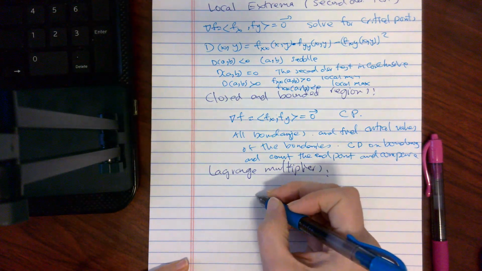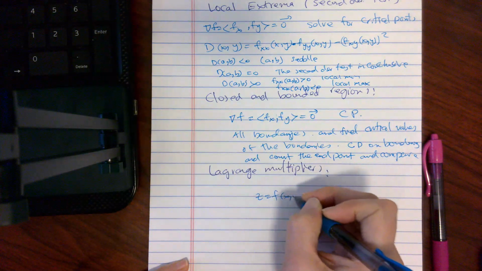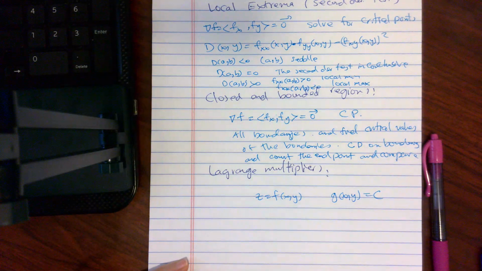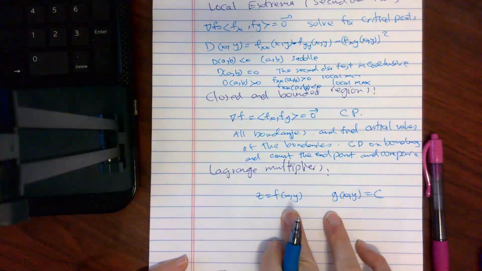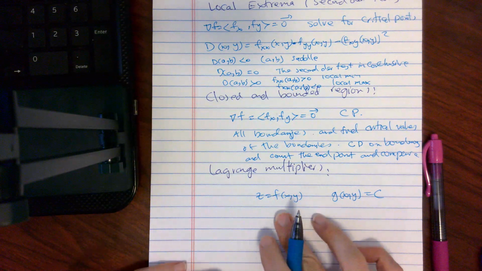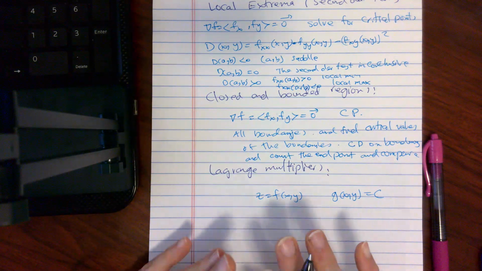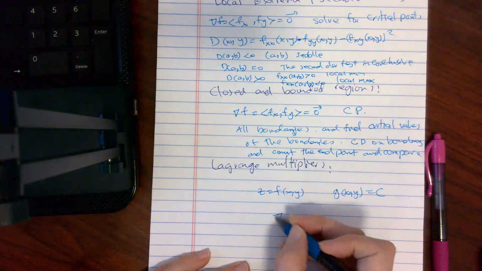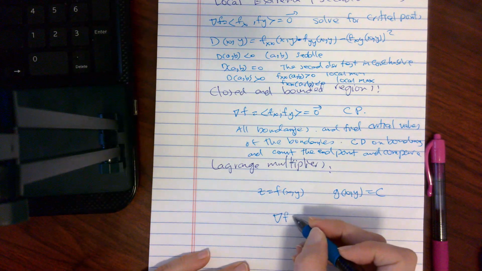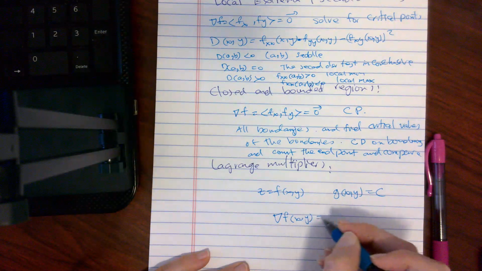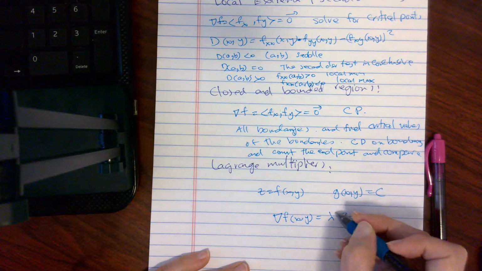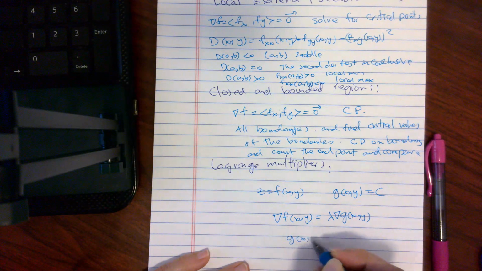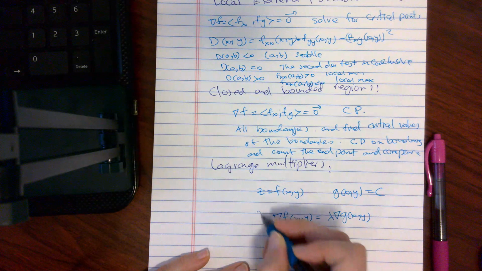In that case, you will have z equal to f of x and y, and g of x and y equal to a constant. It turns out that the points of interest are going to be points that solve gradient of f of x and y equal to lambda times gradient of g of x and y, and g of x and y equal to c.